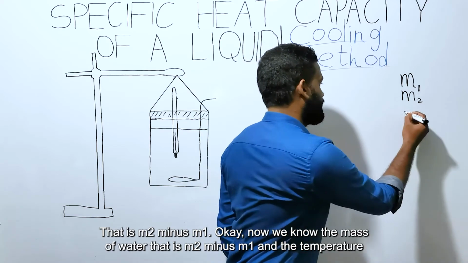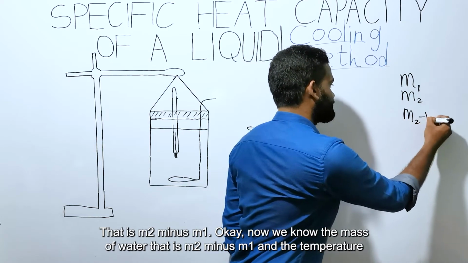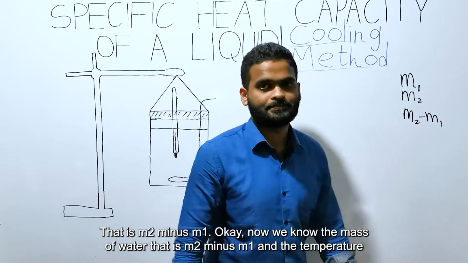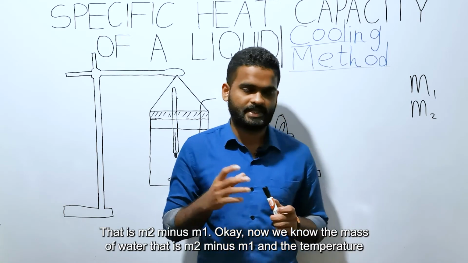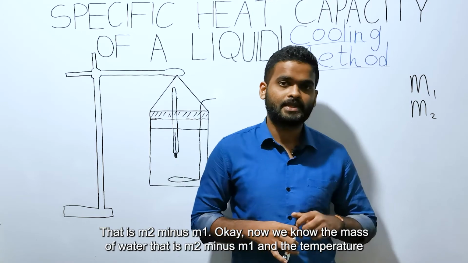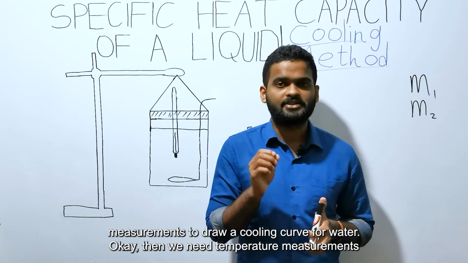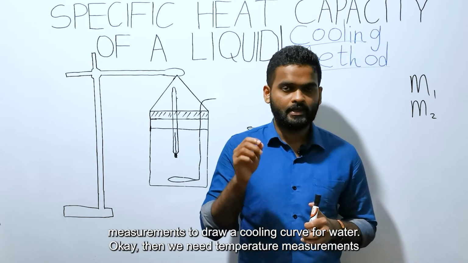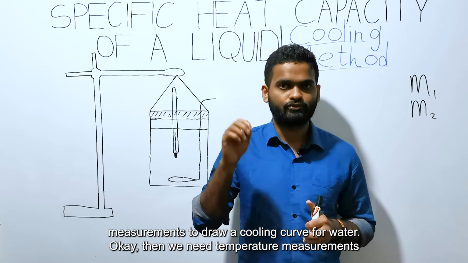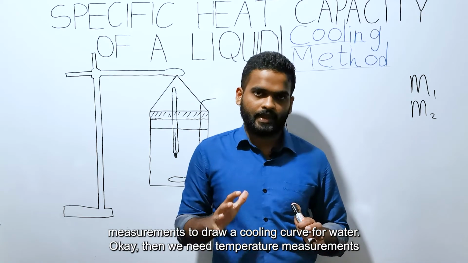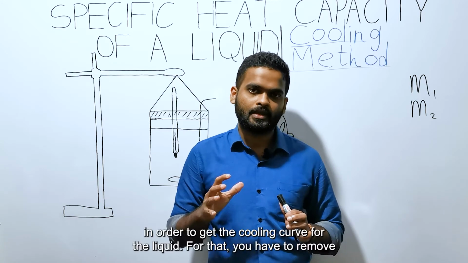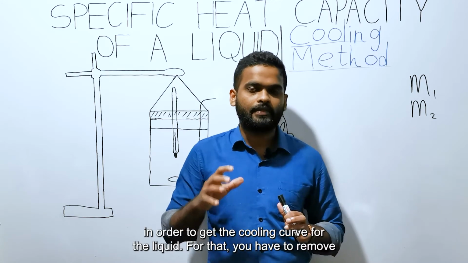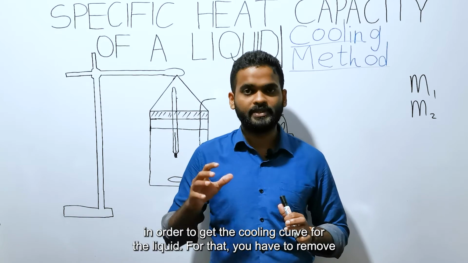That is M2 minus M1. Okay, now we know the mass of water, that is M2 minus M1, and the temperature measurements to draw the cooling curve for water. Okay, then we need temperature measurements in order to get the cooling curve for the liquid.